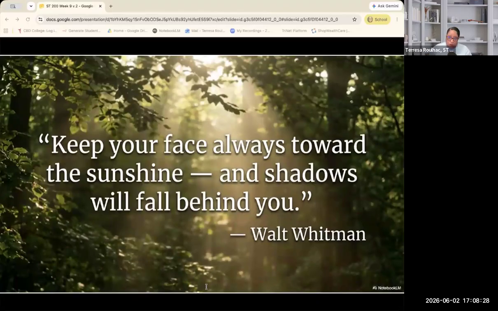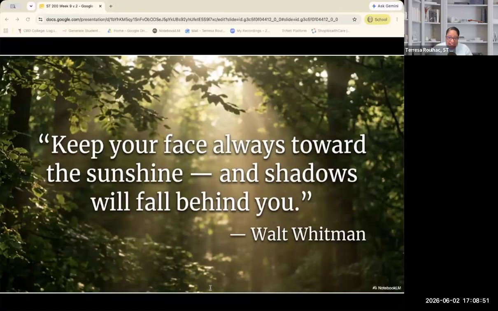Keep your face always towards the sun, and shadows will fall behind you. 2 weeks before the cumulative exam, it's easy to focus on shadows. What do I mean? What if I forget something? What if I don't pass? What if I'm not ready? That's shadow thinking, and it's normal.